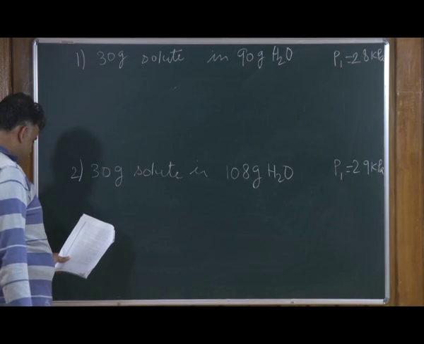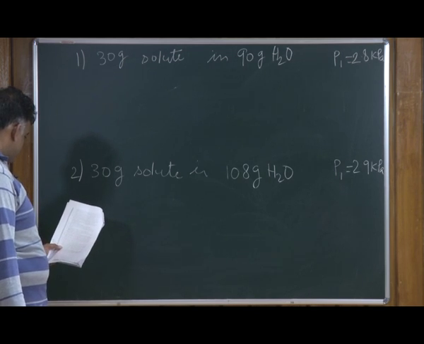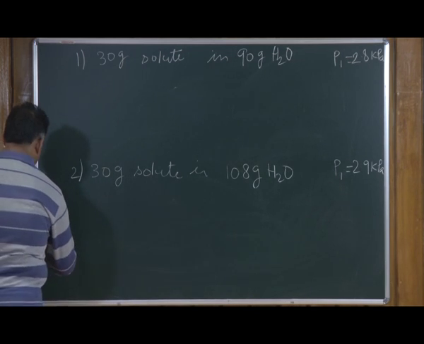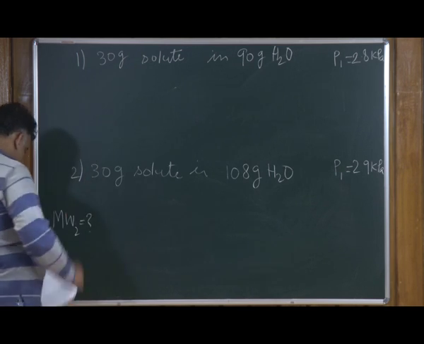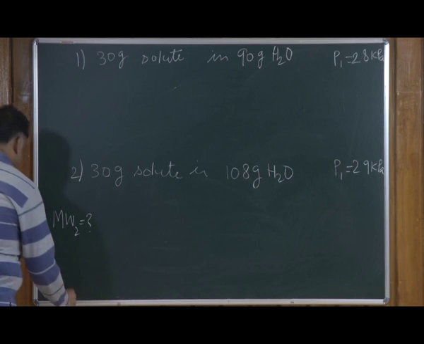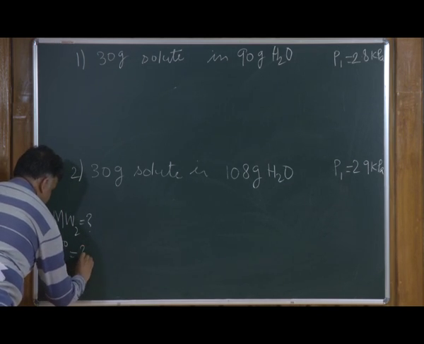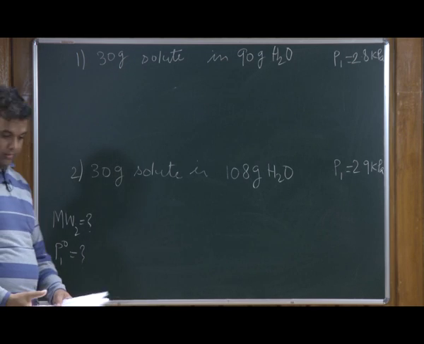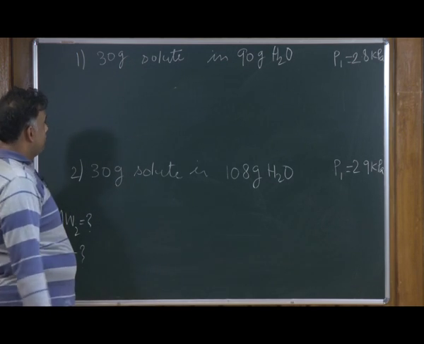Okay. Now, he is asking what is the molar mass of solute, so the molecular weight of solute, and he is asking the vapor pressure of water, so the vapor pressure of pure solvent. So, we have two unknowns, and we can get two equations from these two solutions.